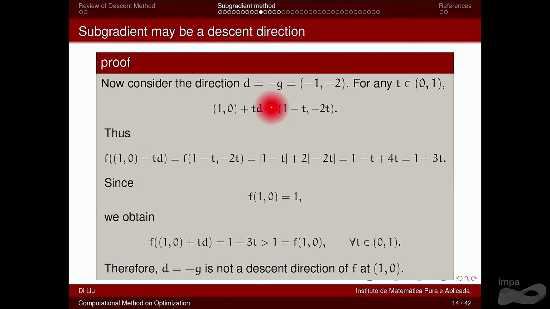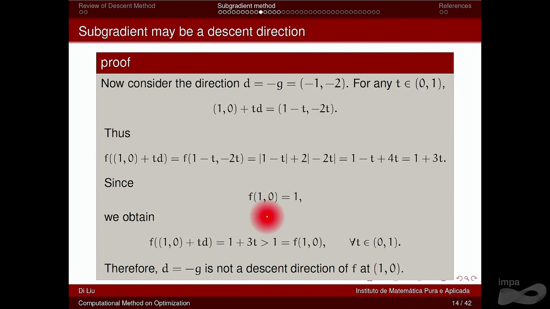Then let's compute at this point, what is the function value at this point, okay? So we have f of (1, 0) plus t times d, and you can check it very easily because t is greater than 0 and minus 1. So we have the final formula of the function value at this point is 1 plus 3t, okay?